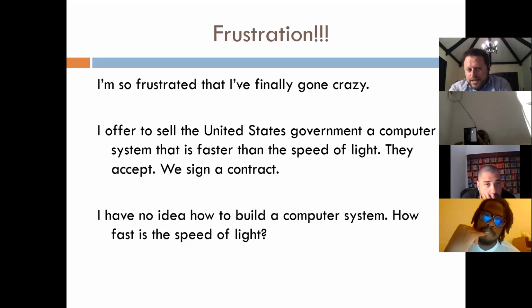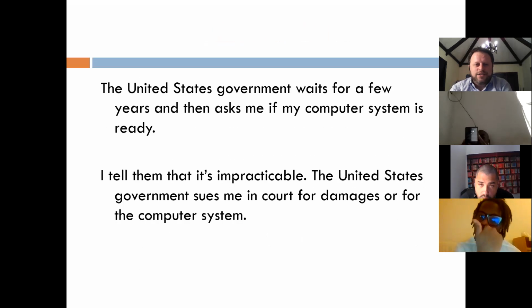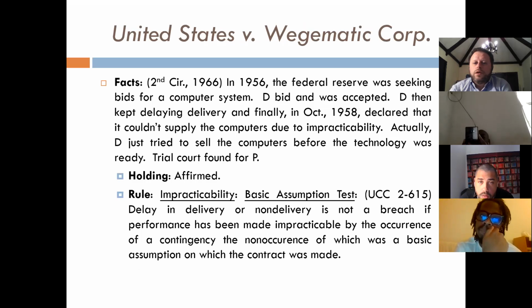So there was a case where the United States government tried to buy a computer. This is silly. It's not that fast, but in the case of United States v. Wegematic, this is in 1966. In 1956, the United States government was looking for a computer system.